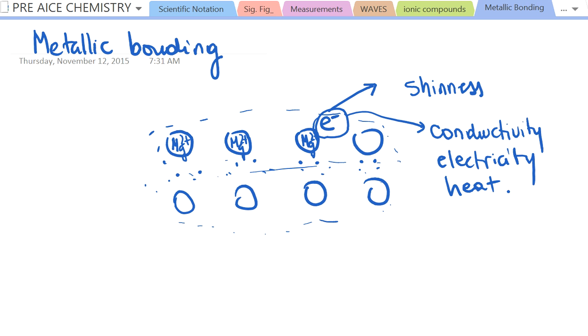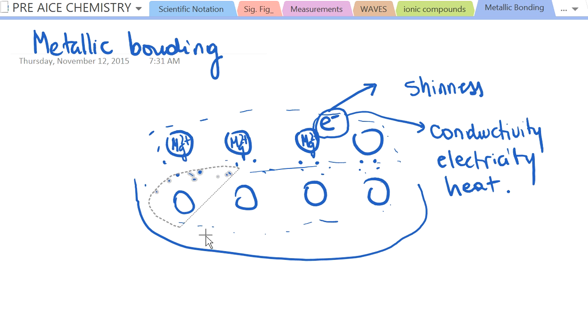It's the same thing here, guys, because when we hammer or we pull the metal, these layers of metals can slide over each other. So when we take this, okay, and let's say hammer or pull it up, I'm going to be able to slide it.